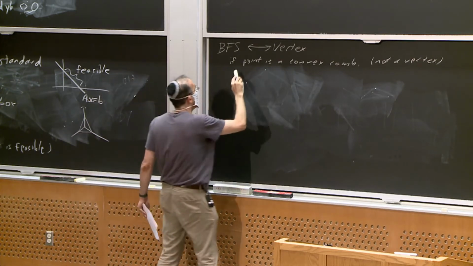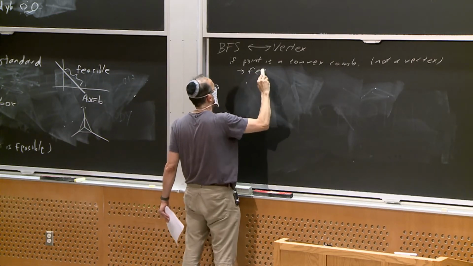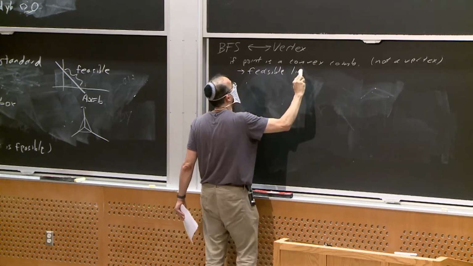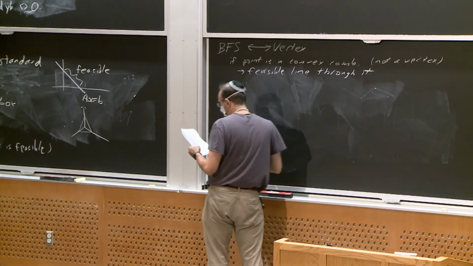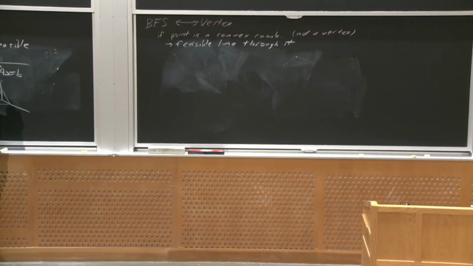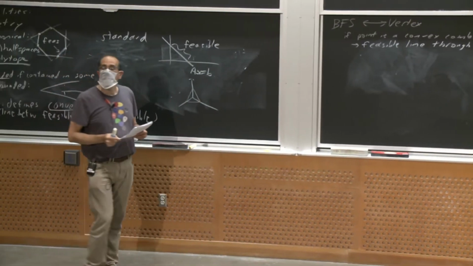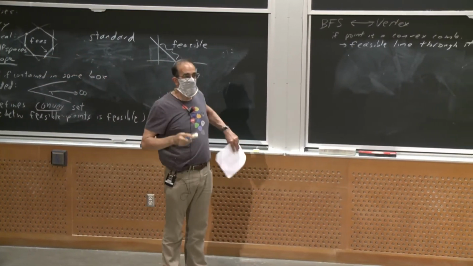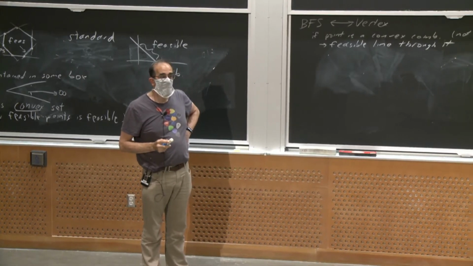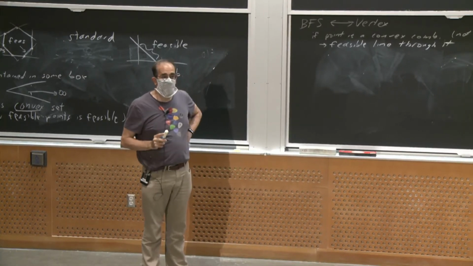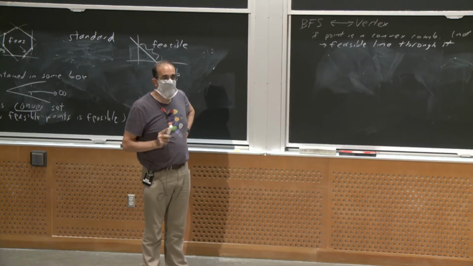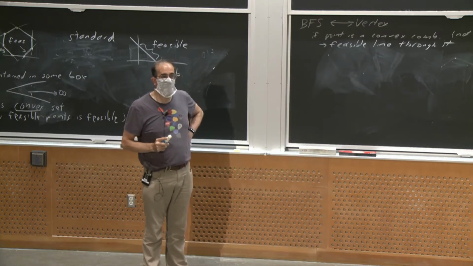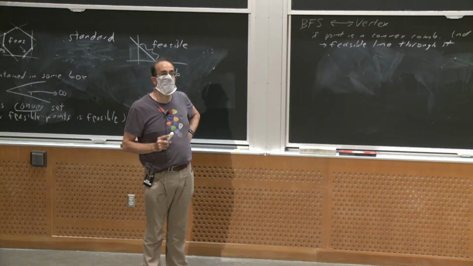It means that there is a feasible line through it. So every point on this line is feasible. Now, if this point was the intersection of n linearly independent constraints that were tight, could you have such a line? How come?